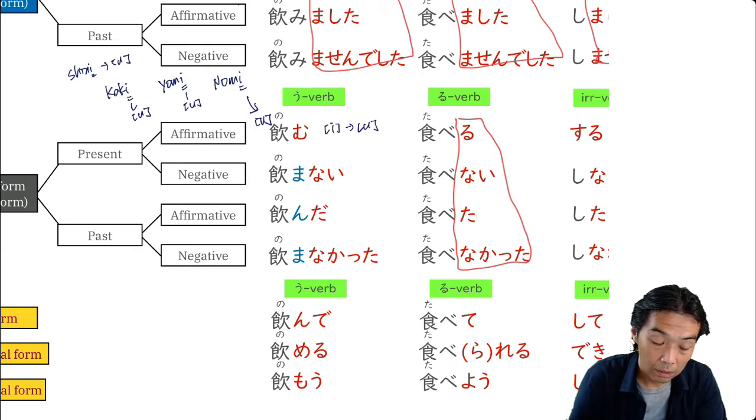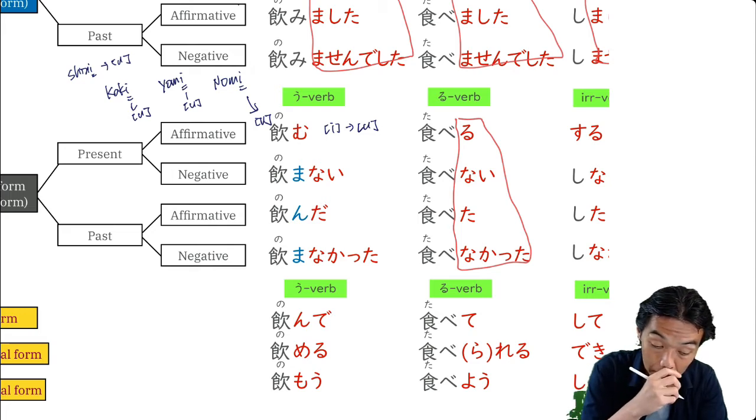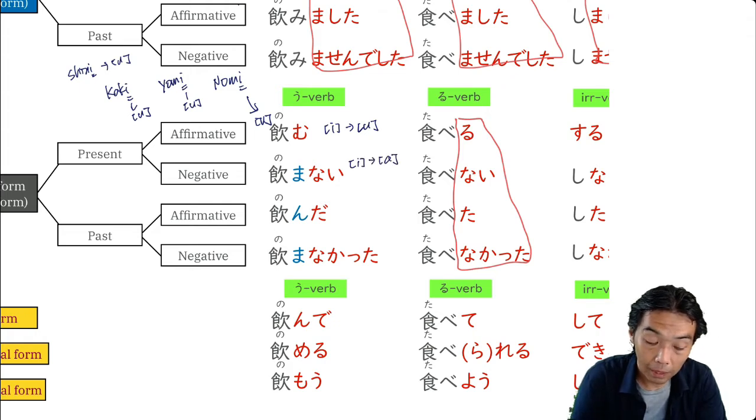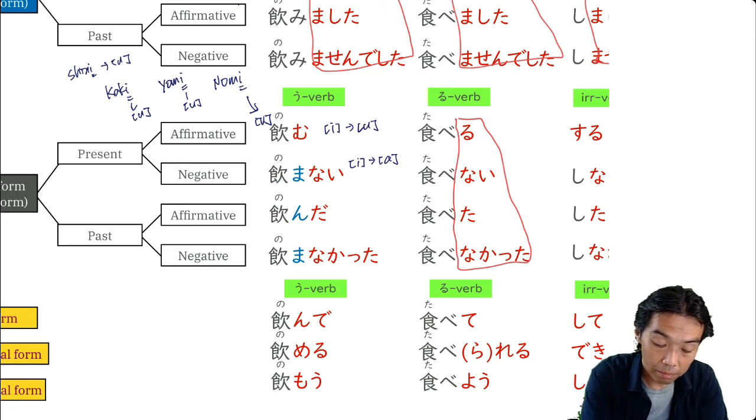You're going to see a similar change with the other plain forms. When it's present negative, the i sound becomes an a sound. So nomi becomes noma, and you add nai.